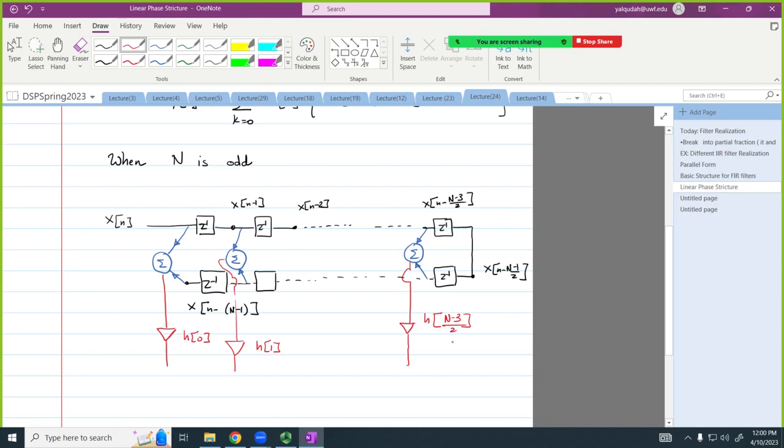Then we're going to add all these terms together, and that will give us y of n.